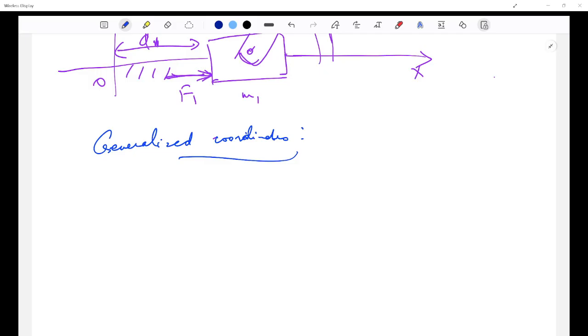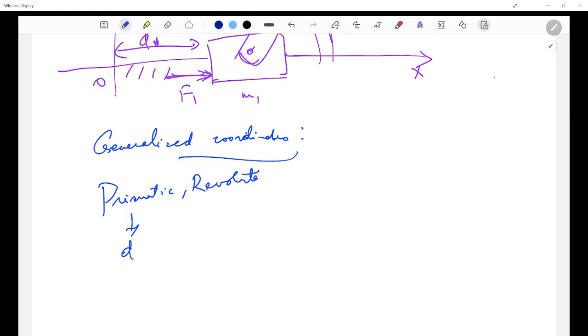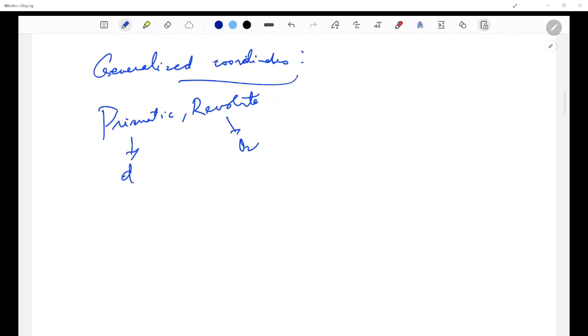The robot has two joints basically, right? One is prismatic and the other is revolute. Prismatic is the displacement along the x-axis, which is d, and for the revolute joint we have theta 2. So the vector is d and theta 2.